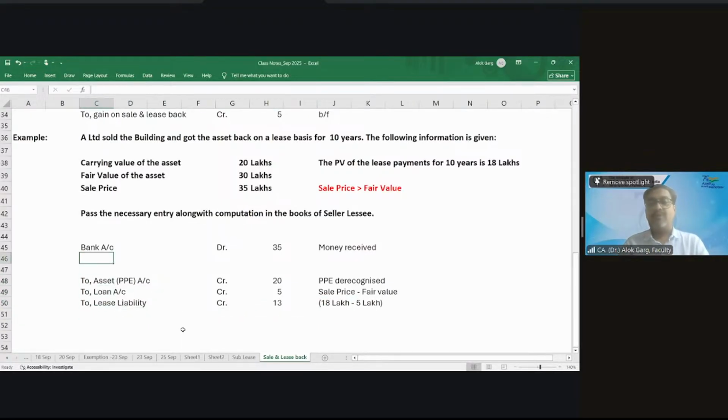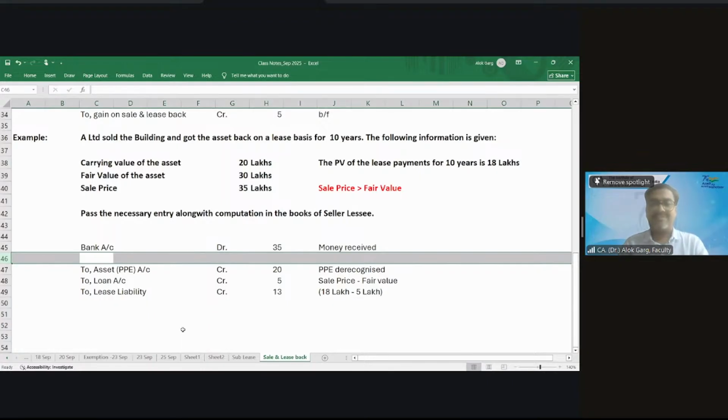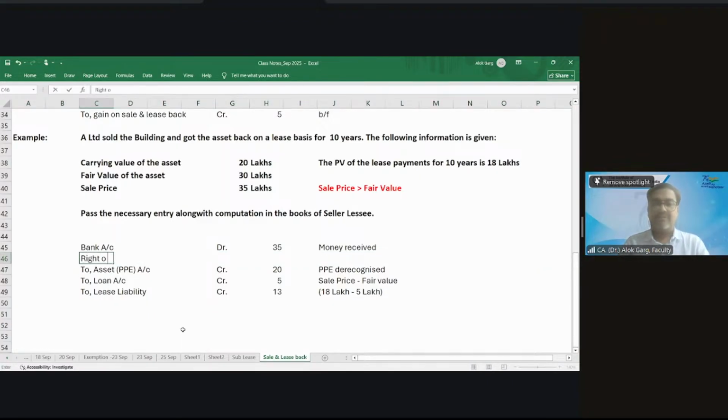Now you need to create the right of use asset. Right of use asset account debit. What is the value?